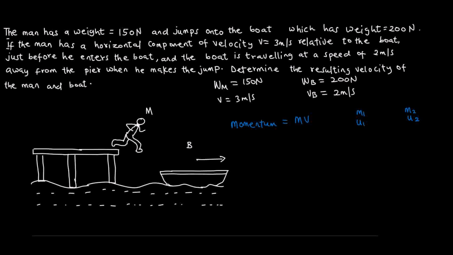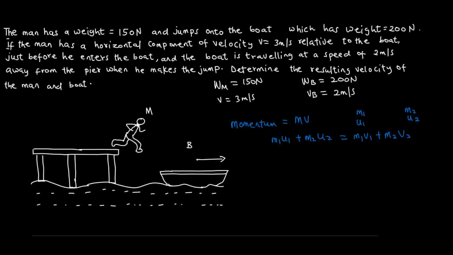So the initial momentum for each one of them will be m1 u1, and that of mass 2 will be plus m2 u2. This will be the sum of the initial momentum, and that will be equal to the sum of the momentum of the objects after the collision. So that will be equal to m1 v1 plus m2 v2. This is what the principle of conservation of momentum says.